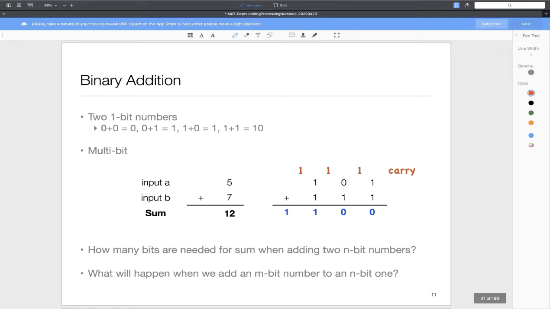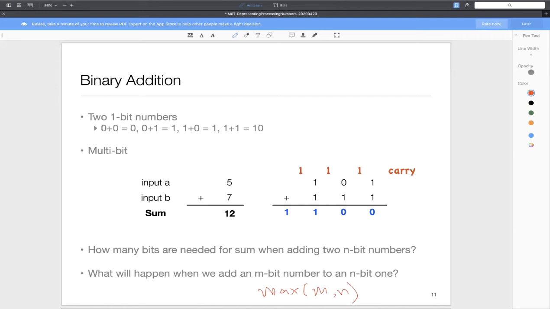Okay, so what will happen when we add an m-bit number to an n-bit number? How many bits could I get in general there? So instead of 2 n-bit numbers, now I'm adding 1 m-bit number and 1 n-bit number. So how many bits would the sum need in general? Would it be the max of m or n, plus 1, right?